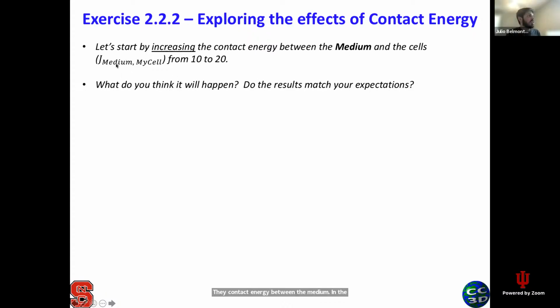So you'll be changing the J between medium and my cell from, let's say, 10 to 20. If you increase the contact energy between cells and medium, what do you expect to happen? So don't run the simulation yet; first think about what should happen. Then go to the code, run the simulation, and tell me if what happened matches your expectations.